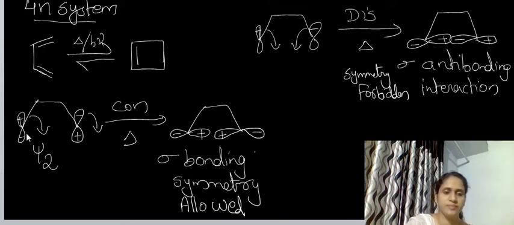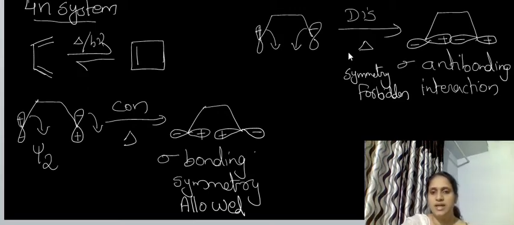So these are the terminal lobes of Psi 2, that is plus minus. In the presence of heat, when it undergoes conrotation, both the orbitals rotate towards the same side. Then we get sigma bonding interaction, and it is a symmetry allowed transition.